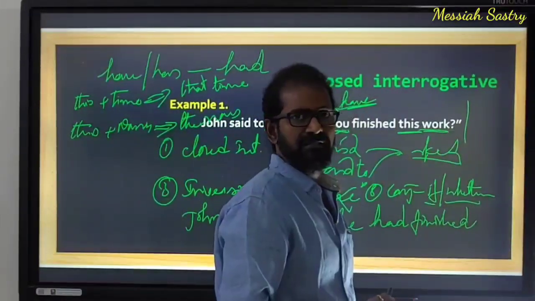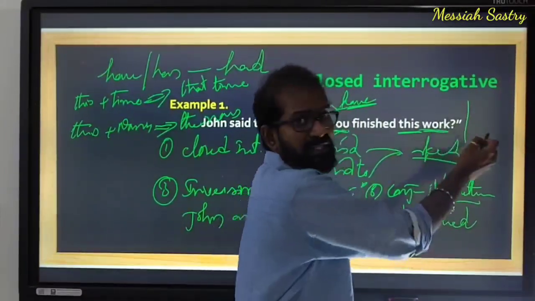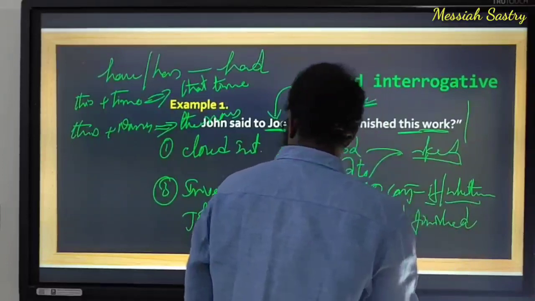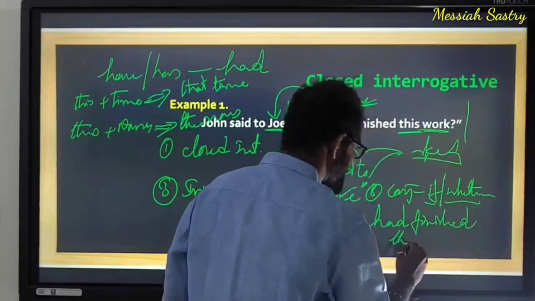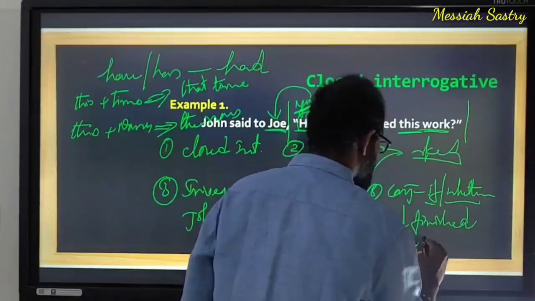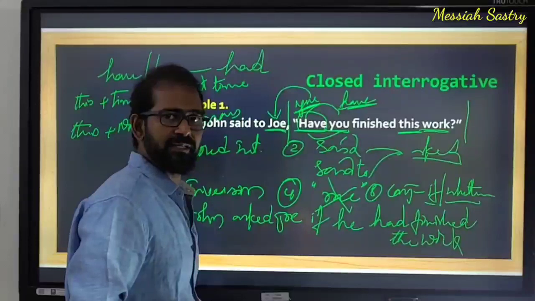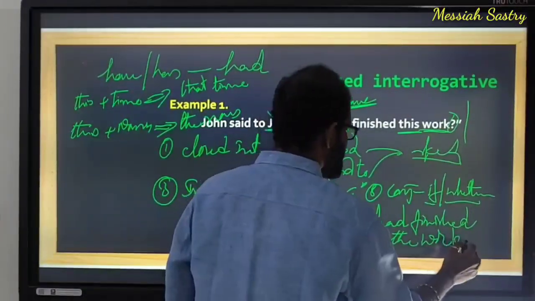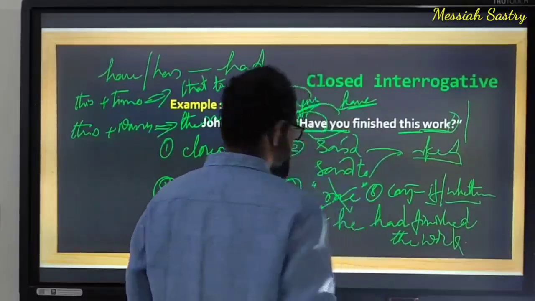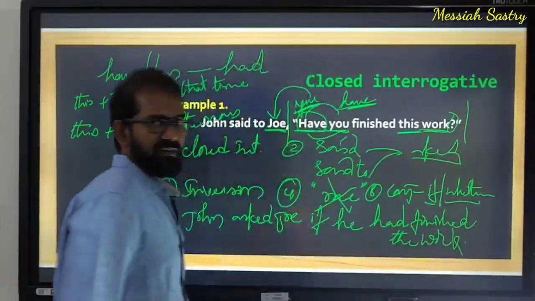Work is a noun here. So this plus noun changes to the plus noun. So John asked Joe if he had finished the work. And indirect speech always ends with a full stop, so we don't use a question mark.